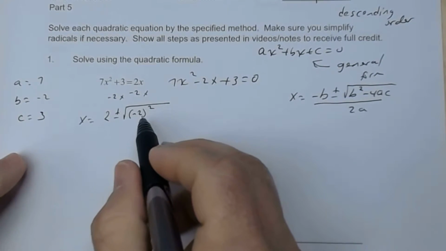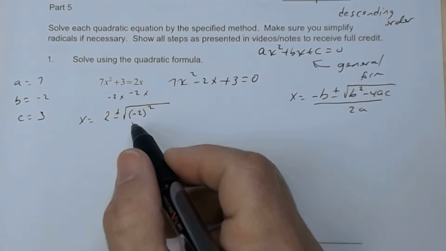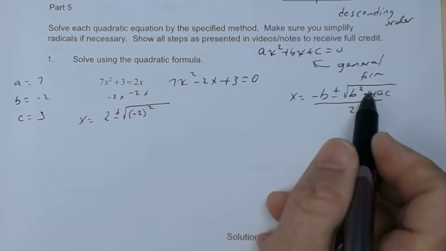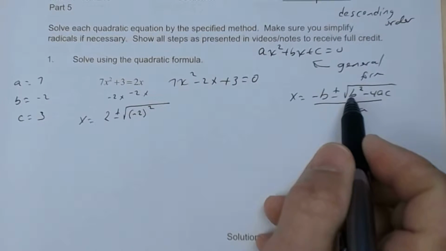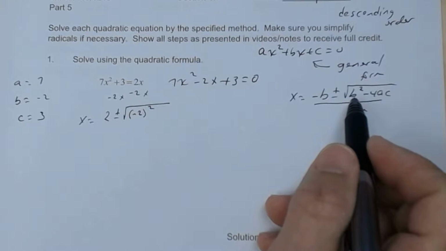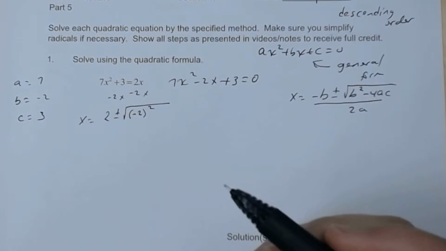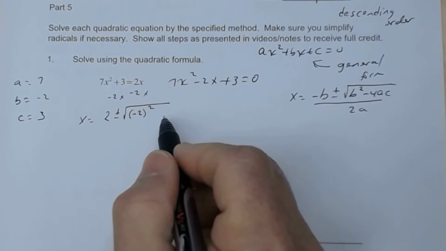If you didn't put it in parentheses, using your calculator you'd probably get a -4, and that cannot be, because you're squaring b. If b is positive or negative, that's always going to be positive, never negative. Because a negative times a negative is a positive, a positive times a positive is a positive, and 0 times 0 is 0. So it's never negative. Always use parentheses here to be on the safe side.